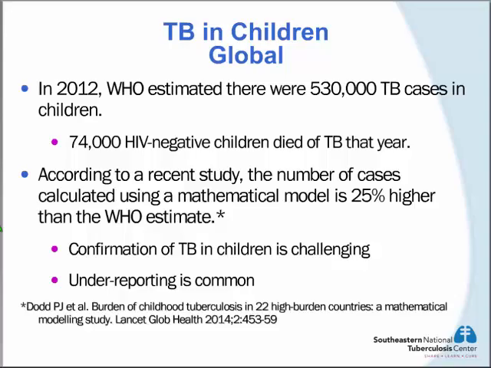However, according to a recent study, using a mathematical model and taking into consideration the family dynamics and exposures in the different countries, the authors feel that the actual number of TB cases is underestimated. They estimate that the real number is probably 25% higher than what the WHO estimates.